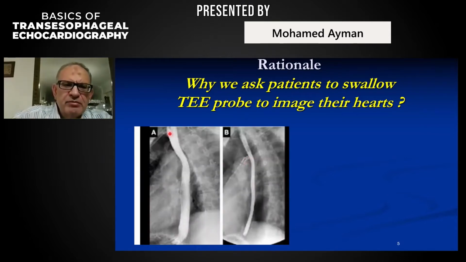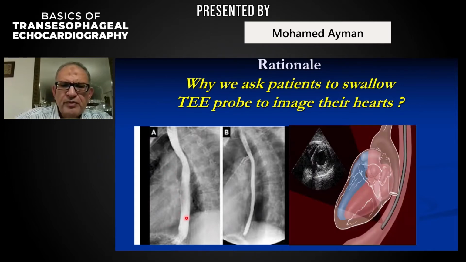If you look at this barium swallow, you will find that the esophagus is very close to some posterior structures of the heart. So by inserting our probe in the esophagus, we are very close to such posterior structures, and those structures might not be clearly evident in the transthoracic echo examinations.